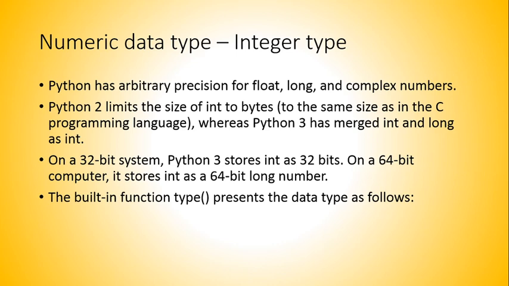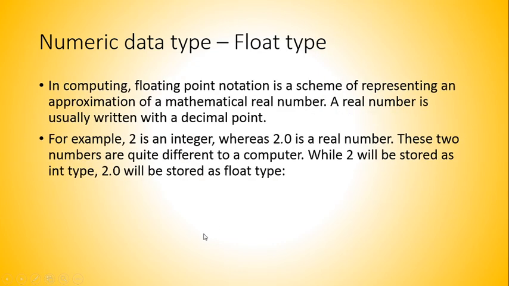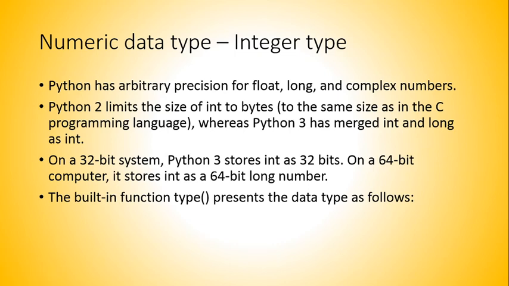In Python, the limit of the size of an integer is not fixed the same way as in the C programming language, whereas Python 3 has merged integer and long as int.